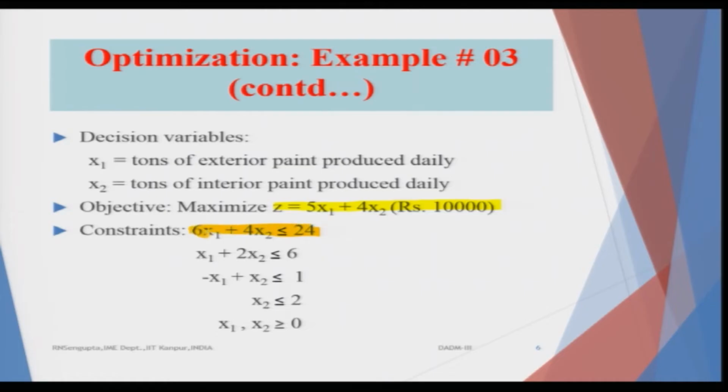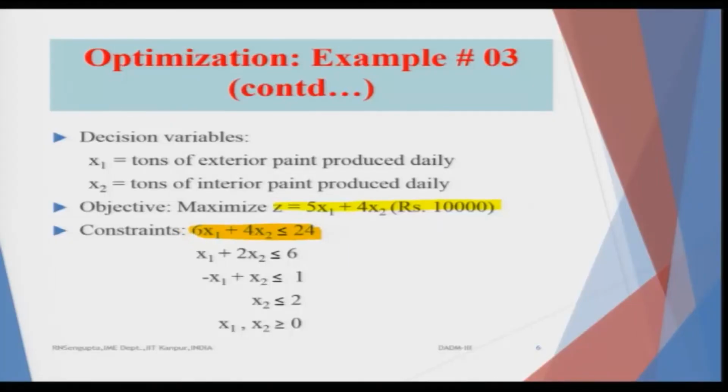Now, constraint 1 means we already know 24 tons is the limitation. If I go into the utilization of material 1, we know that per ton of exterior and interior paints we need 6 and 4 quantum of material 1 only.